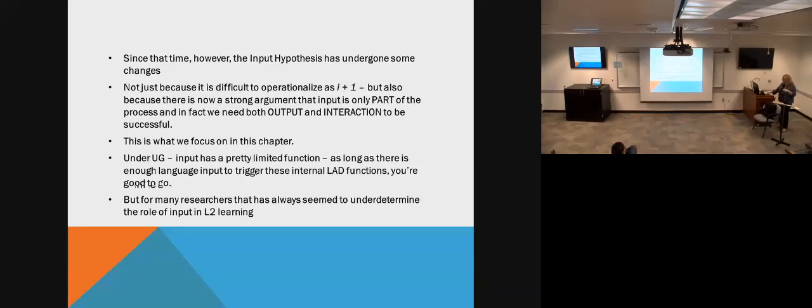If we go with the fact that we may have no access at all to UG, if UG even exists, as L2 learners, what is input doing? We already know what language is. We already know that you have different tenses and different nouns. So what is the input actually doing?